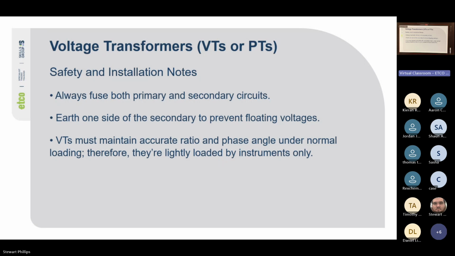Well, we fuse anything for safety reasons, but why in particular are we fusing both sides of the transformer? It's part of it. Okay.